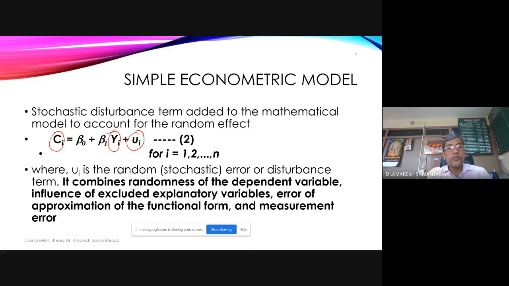So for measuring economic behavior appropriately using econometrics, the nature and properties of Ui need to conform to certain standard patterns, certain assumptions, and certain criteria. So understanding the properties and behavior of Ui is very critical for you. Please focus on this.